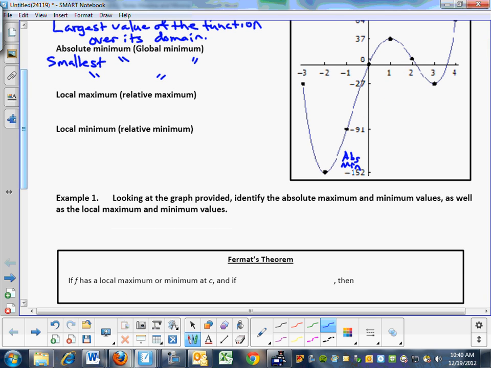Those aren't so interesting. What are more interesting are local or relative. They go by both names, so be familiar with them. I call them local. The local maximum is going to be f of x greater than, to attach an equal sign.